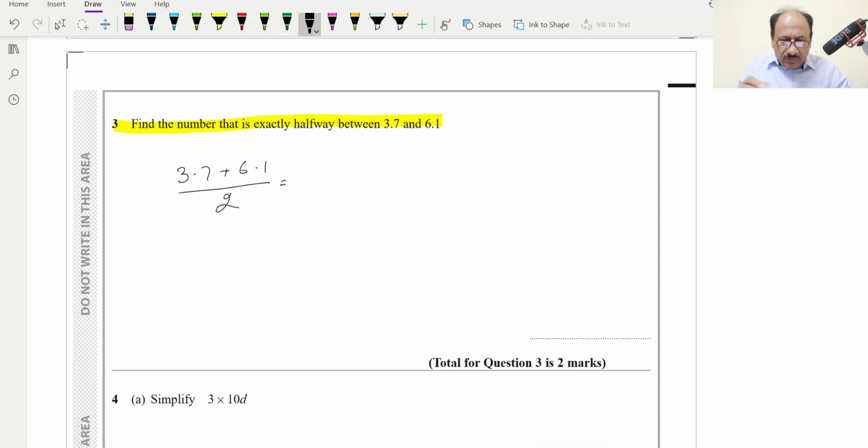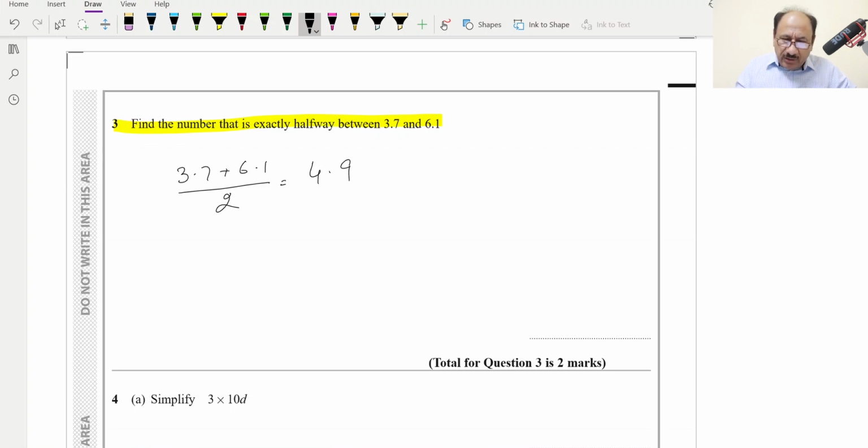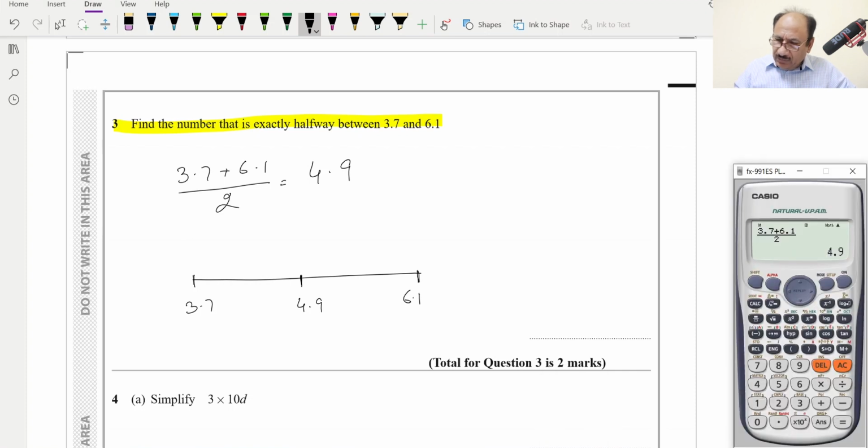We can write the fraction 3.7 plus 6.1, divided by 2, so it will be 4.9. We can double check our answer also: we are giving the answer as 4.9, this side is 3.7 and this side is 6.1, so we can check the difference.